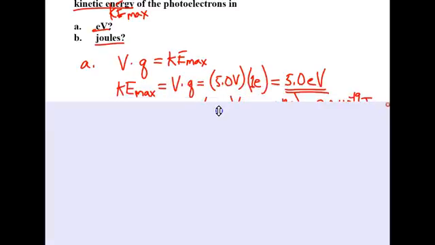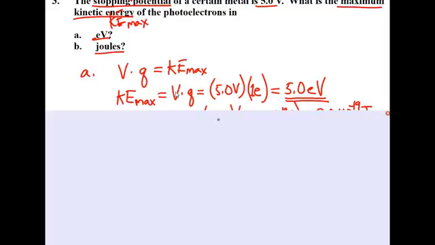Okay? So, for electron volts, you take your stopping voltage, which is 5 volts in this case, and you simply multiply by 1 elementary charge. Obviously 5 times 1 is 5, and your units are little e times V, which is electron volts.